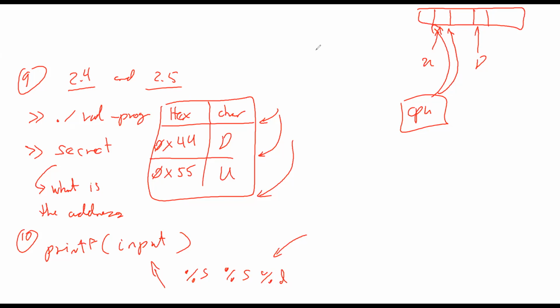Okay, so let's do 11 here. Assuming you ran volproc C, it says something like enter input, and you've identified that that's the vulnerable place. Then you're going to enter a combination of %x's or %s's.